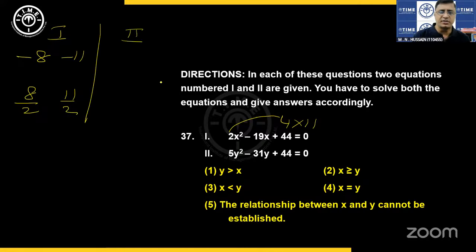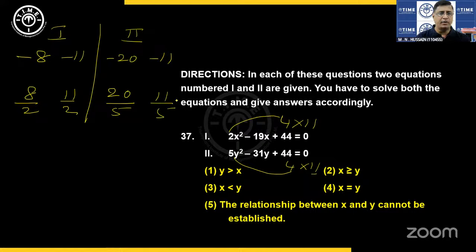Second quadratic equation. Again 4 into 11. So 20 plus 11. So minus 20 minus 11. By adding these two, we get minus 31. So 20 by 5 and 11 by 5. By doing cross multiplication, 5 times of 8 and 11, that is 40 and 55.